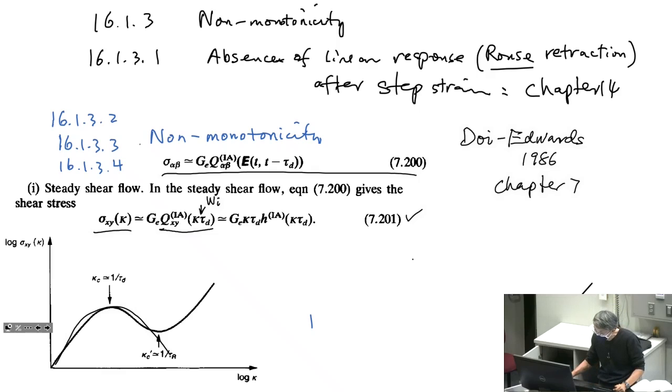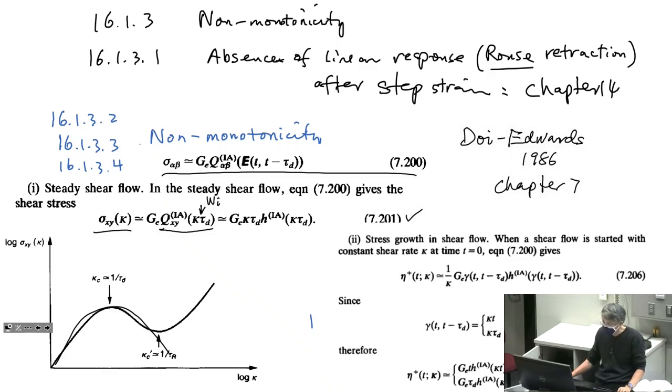And the second feature, more importantly, I think, is the one I want to show you about overshoot. Okay? So this is property 2 under the title of nonlinear viscoelasticity, stress growth. So it turns out that the rest is all simple math, nothing important.